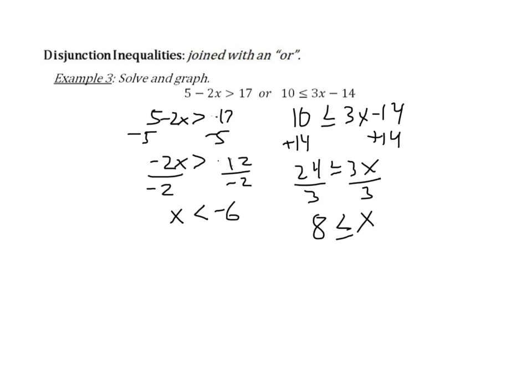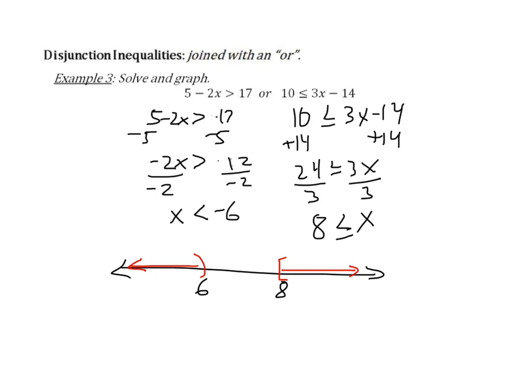Now, in this case, when we graph this, we have two boundaries. We've got negative 6 and we've got an 8. But the graph of these points is going from negative 6 and down to negative infinity. 8 is included, and we're going right to positive infinity.